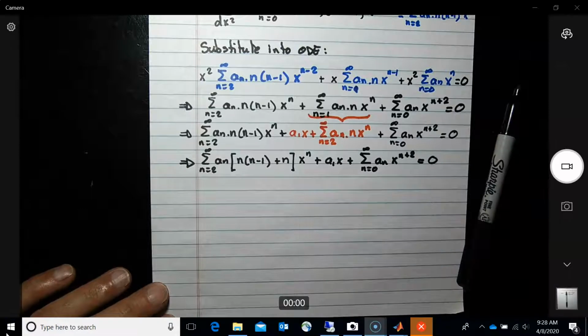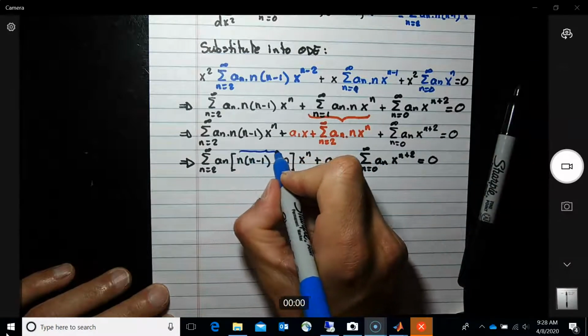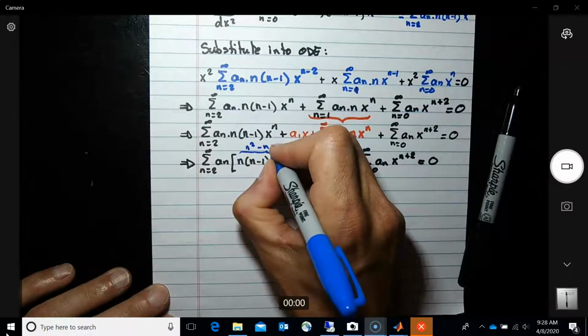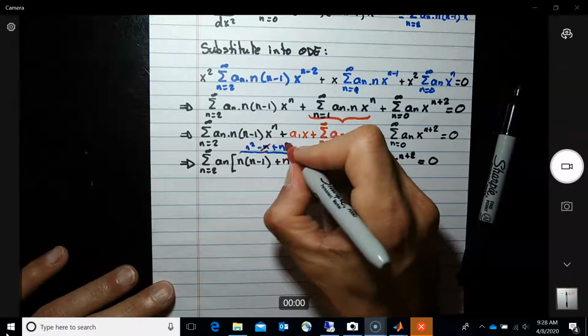Okay, so you can probably see that this term over here will just be equal to what? n squared minus n plus n. So that these two terms will cancel out.